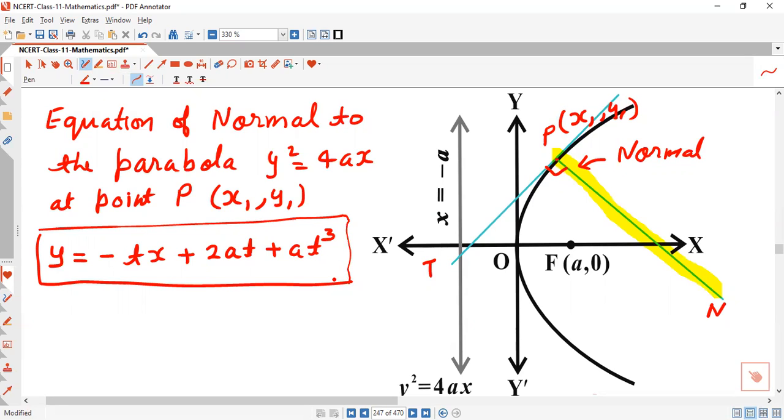I can write down this equation of normal. Similarly, I can write down the equation of normal in another form. The point is P: at square comma 2at. Now, I also write down the equation of normal in another way.